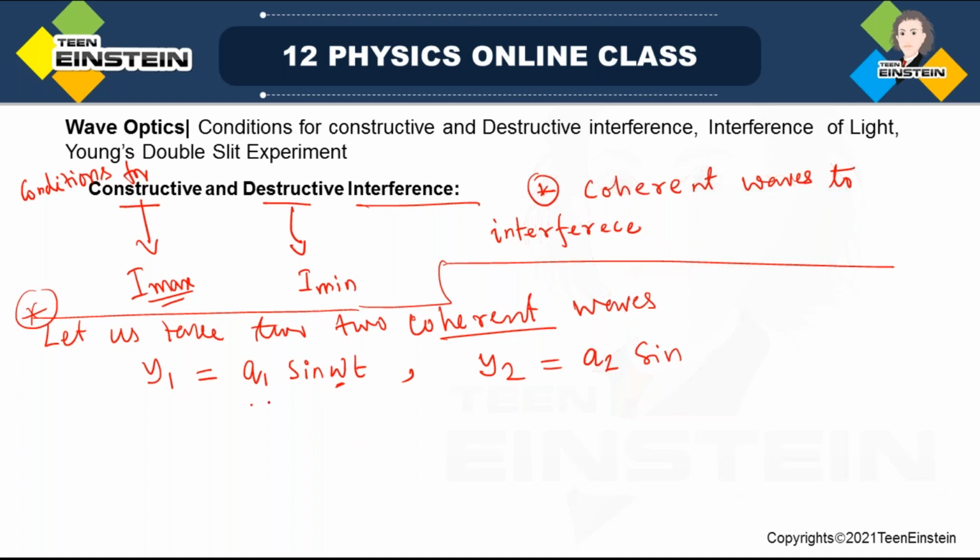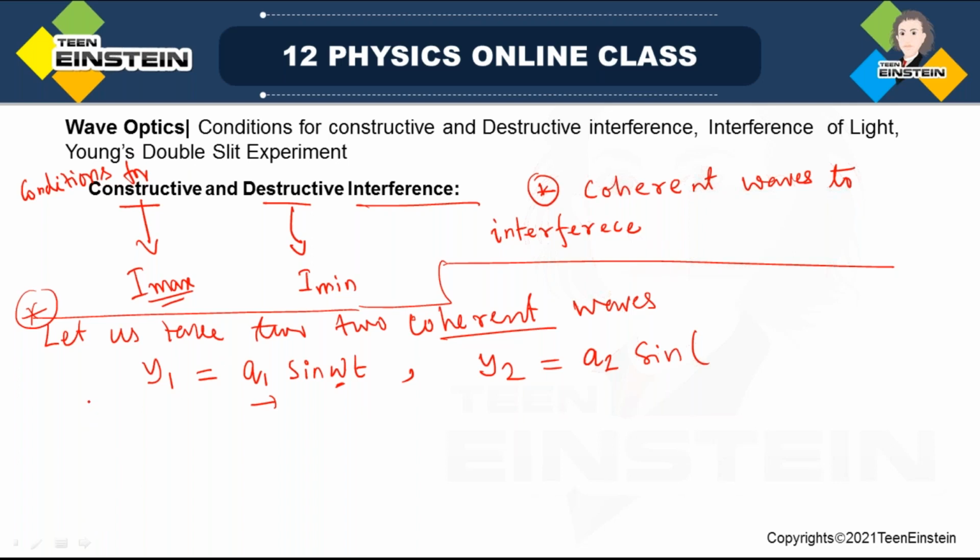That means if the phase of the first wave changes by some amount, this also has to change proportionately so that they can maintain the phase difference.